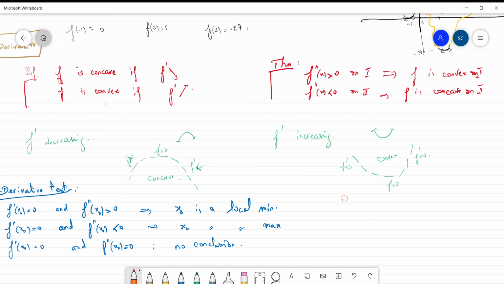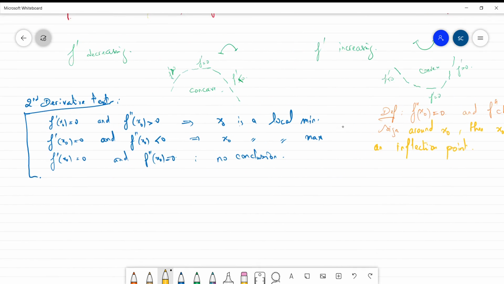If f second of x0 equals 0 and f second changes sign around x0, then x0 is an inflection point. It's the point where the function is changing its concavity.